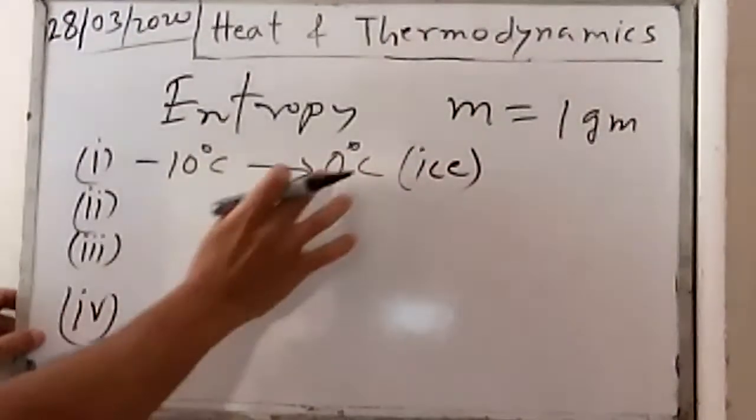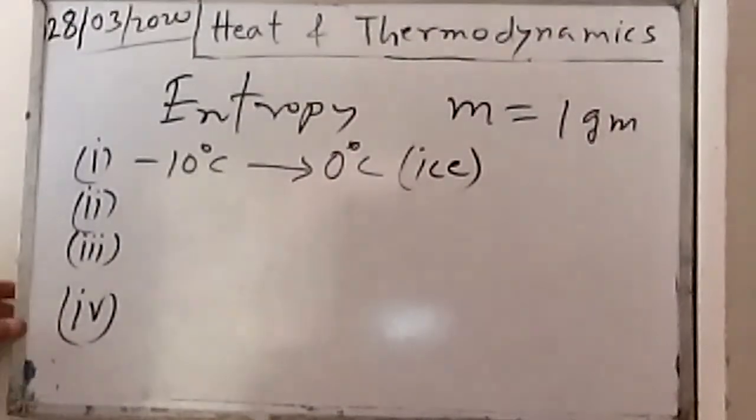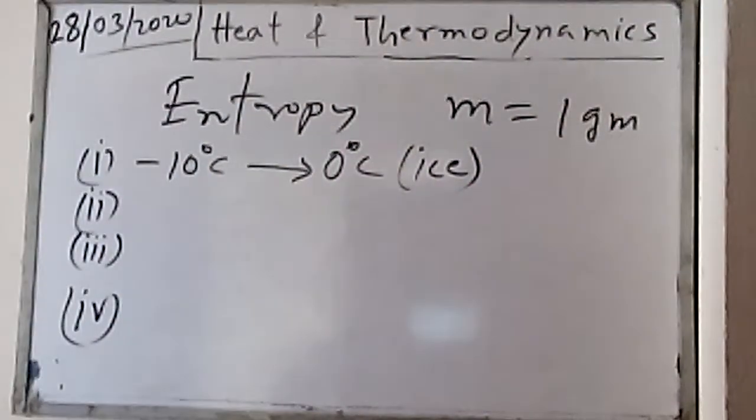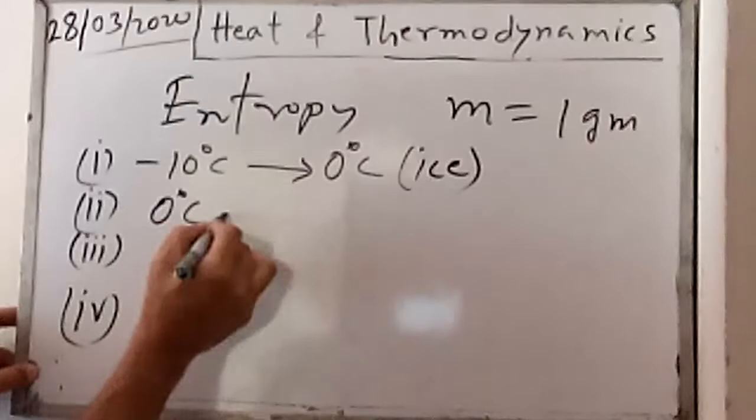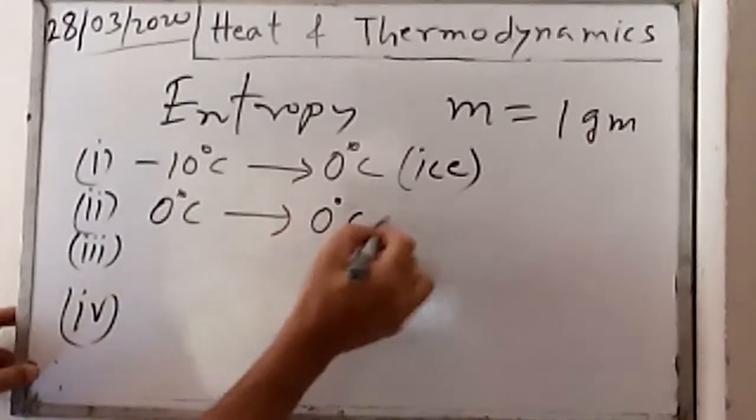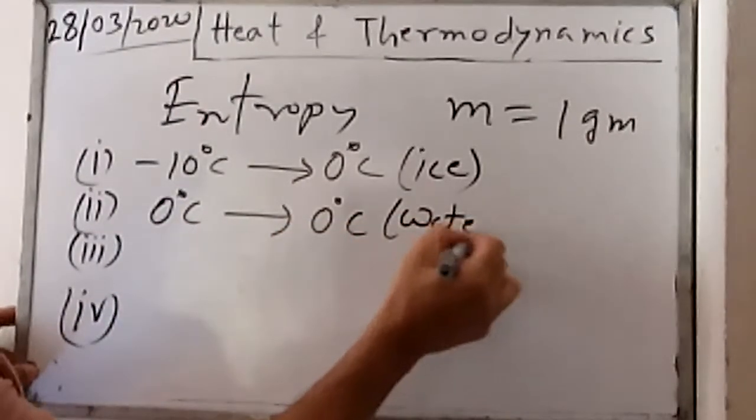The question asks minus 10 degrees Celsius to 100 degrees Celsius steam. Therefore, minus 10 to 0 degrees Celsius ice, and 0 degrees Celsius ice to 0 degrees Celsius water.